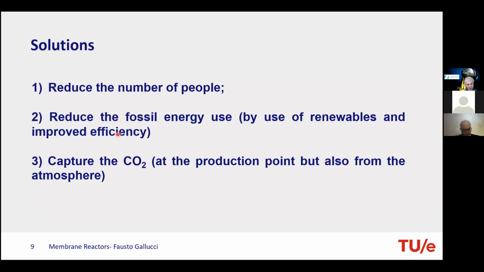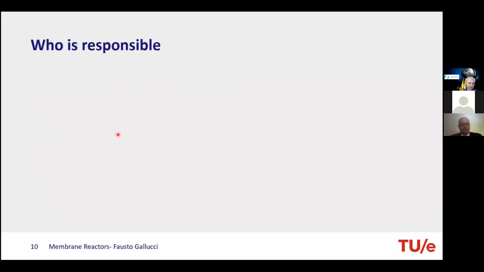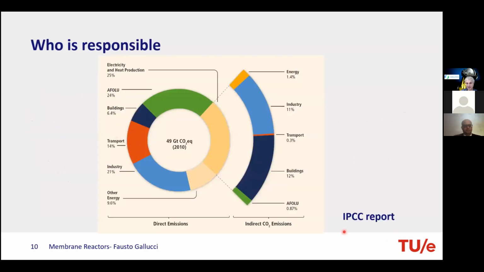Now, so we agree that CO2 is increasing, that is a problem. Let's see who is responsible for this. And if you look at the different reports, I took a report of the IPCC, you will see that most of the CO2 emitted can be divided in roughly 4 parts. So one is agriculture, farming.